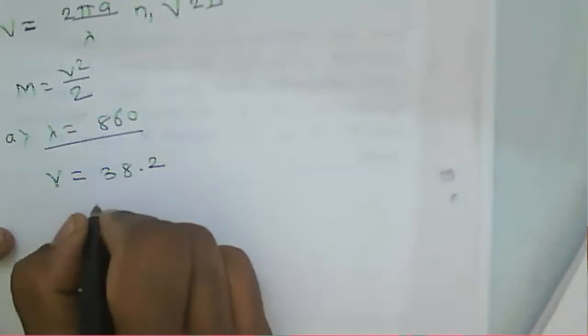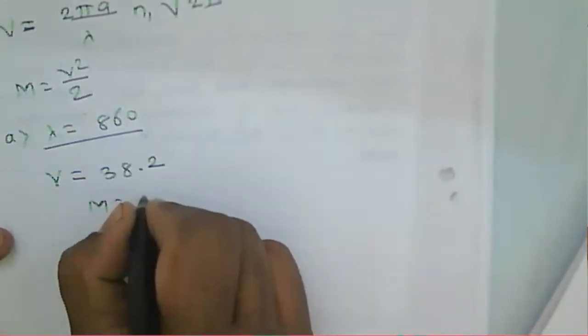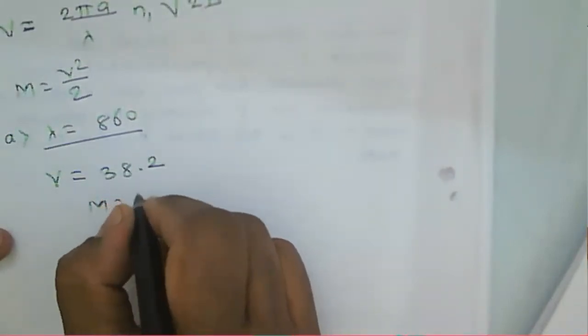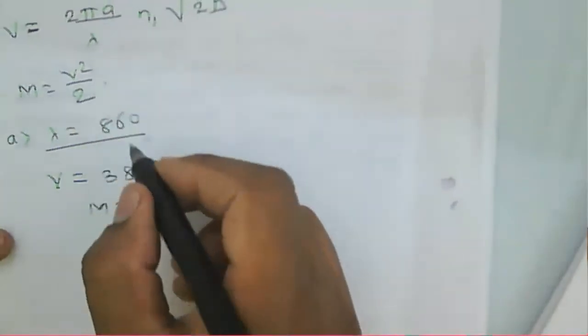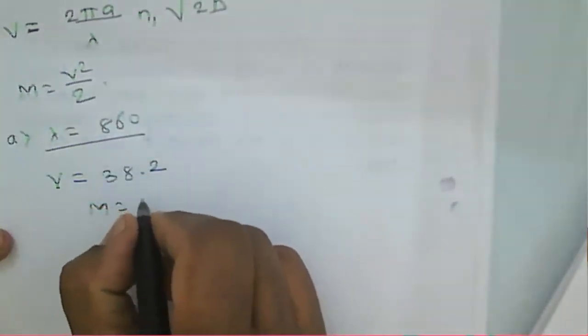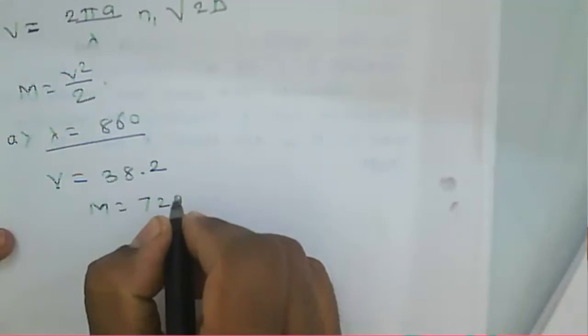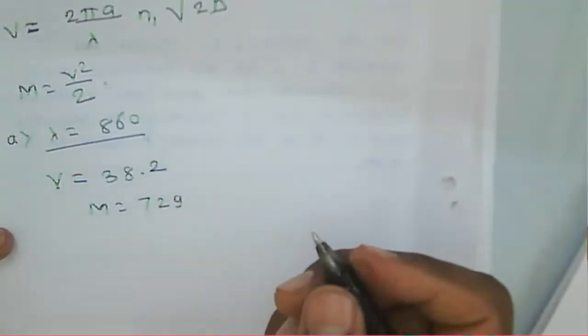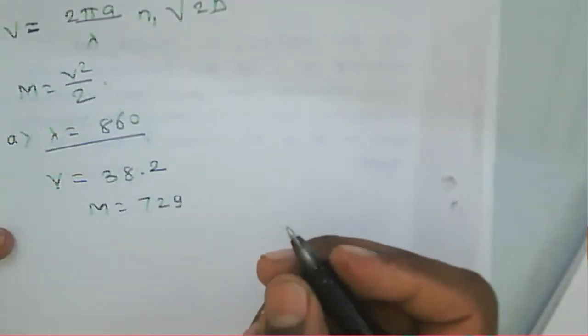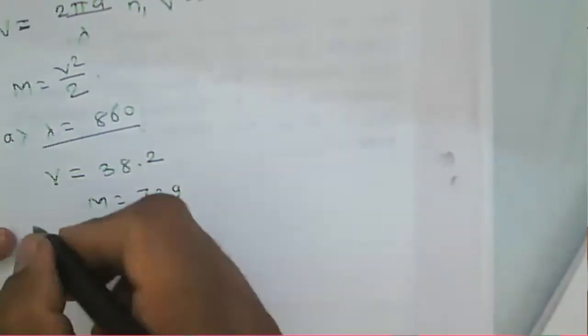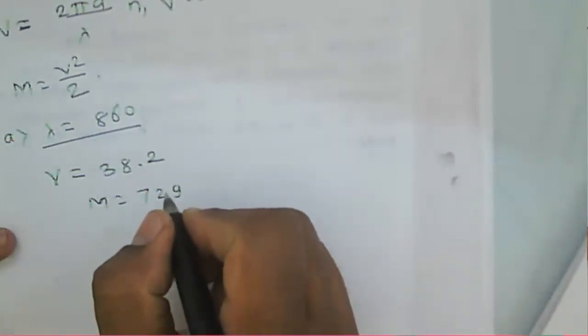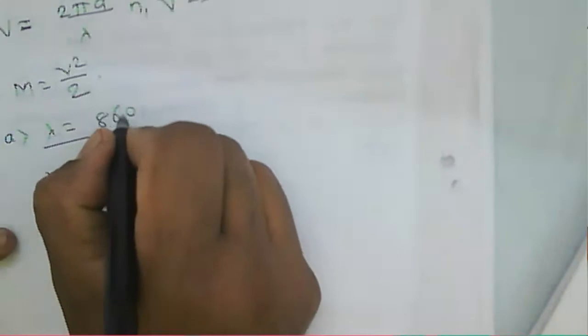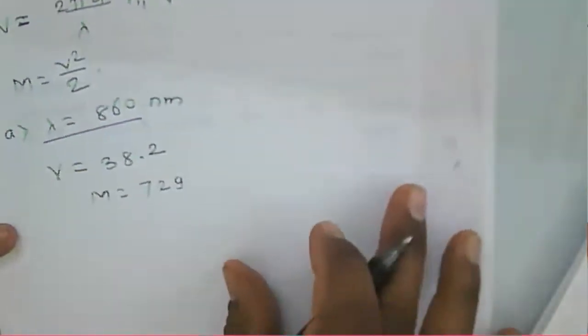For 38.2, m will be V square by 2, and that will be m equal to 729. That is the number of modes for 860 nanometer wavelength.